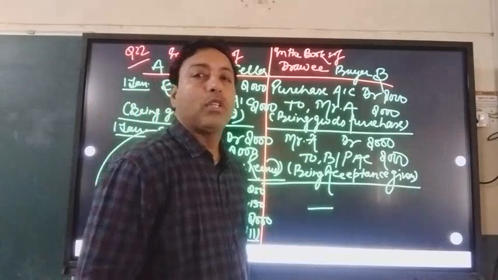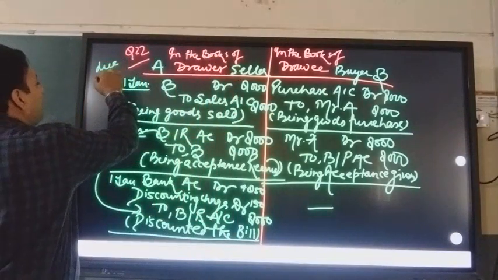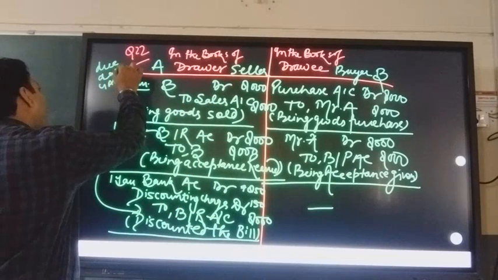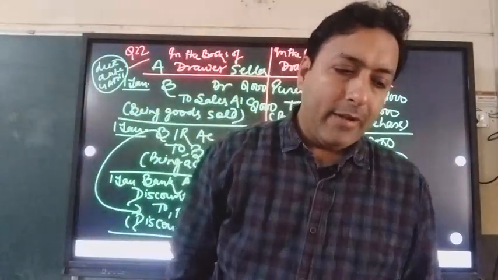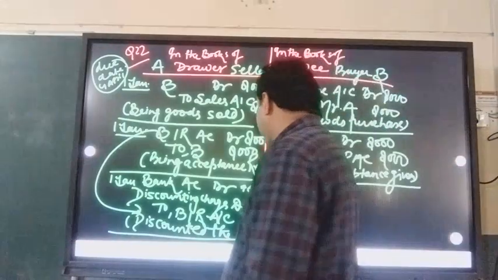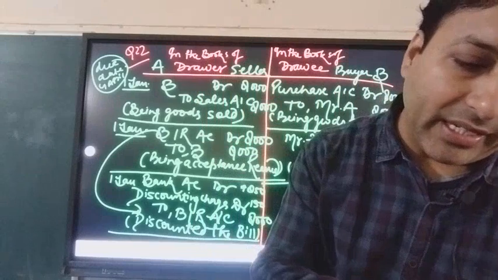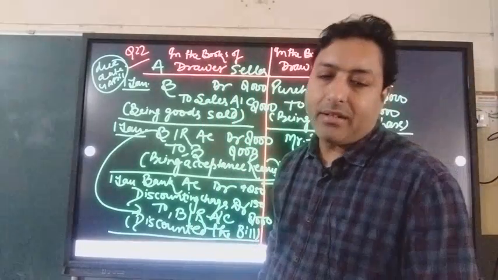So with the grace days, the due date of the bill is 4th April. Is it clear? So what is the entry for the bill dishonored? On the same day, on the due date, the bill was dishonored, and noting charges of 150 rupees were paid by the bank.